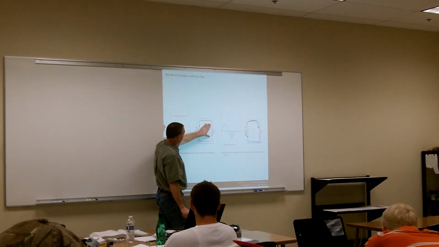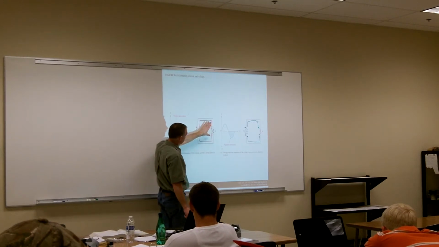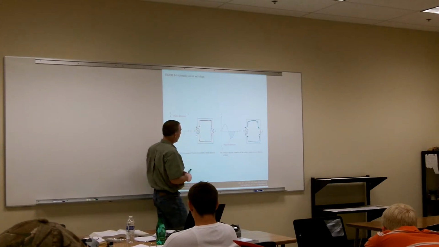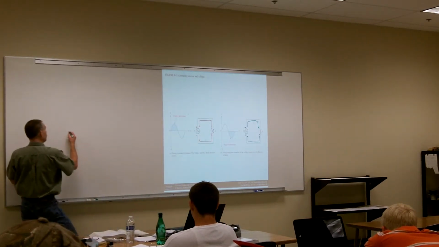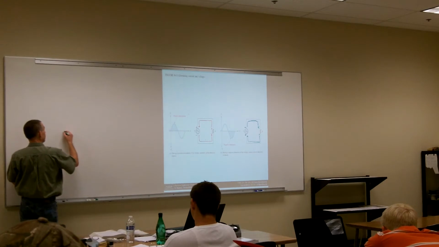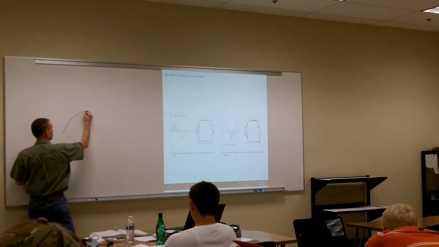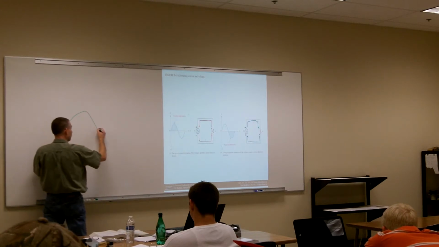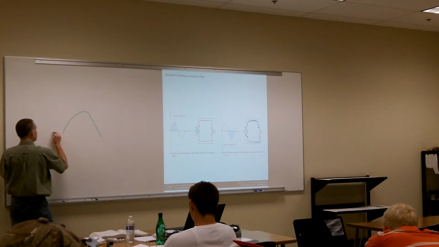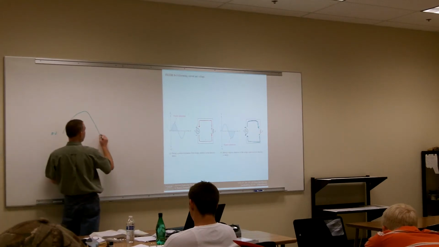If I had this at a low enough frequency where I could see it on my digital multimeter, my voltage would start to slowly increase, and it's going to peak out. Then the voltage is going to start to slowly decrease. It's still going to be positive, and once it crosses 0, my voltmeter would read 0 volts.